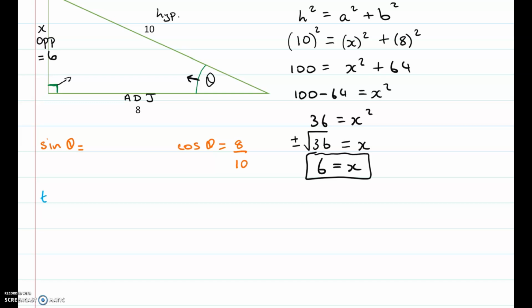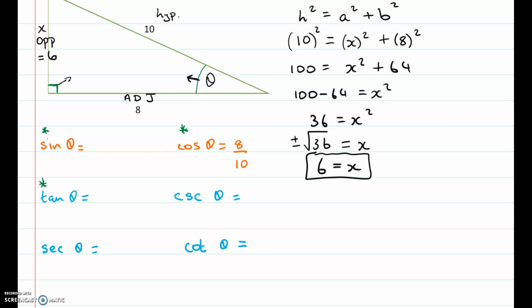Sine, cosine, tan of theta, cosecant theta, secant theta, and cotan theta. Okay, so those are the 6 ratios. The ones that are most important are sine, cosine, and tan of theta.